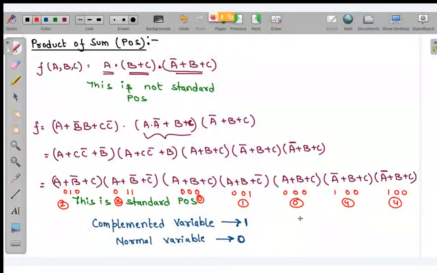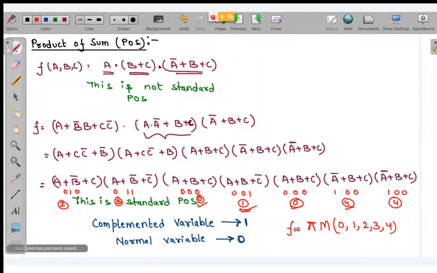Now if I want to write it in product form, f is equal to, this time pi. Pi represents multiplication, capital M, bracket open, in ascending order write the max term numbers: 0, 1, 2, 3, and then 4.